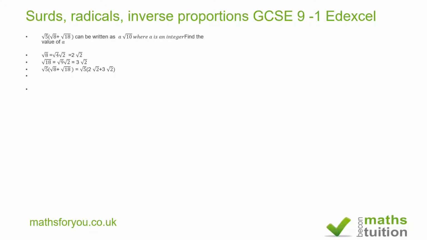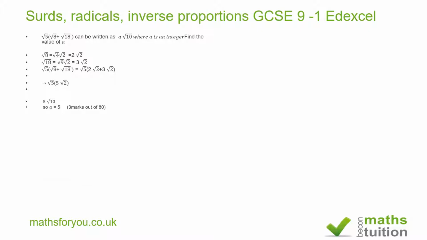So our answer becomes 5 multiplied by root 5 times root 2, and root 5 times root 2 is root 10. So we end up with 5 root 10, and the value of a is 5. This question carries 3 marks out of 80.